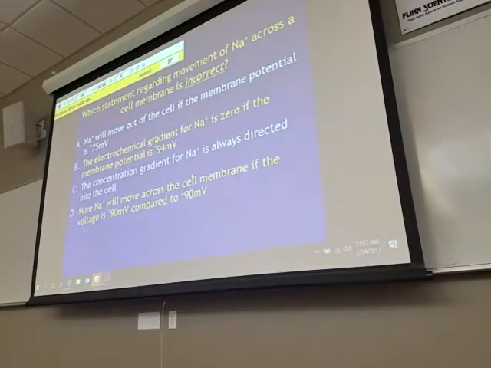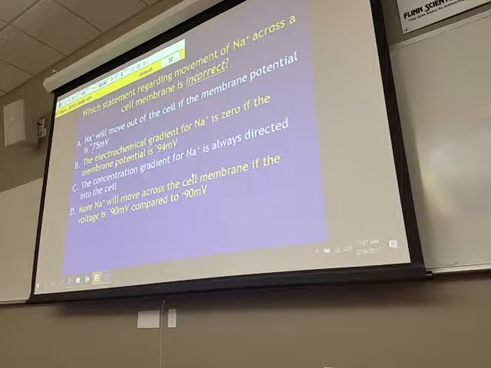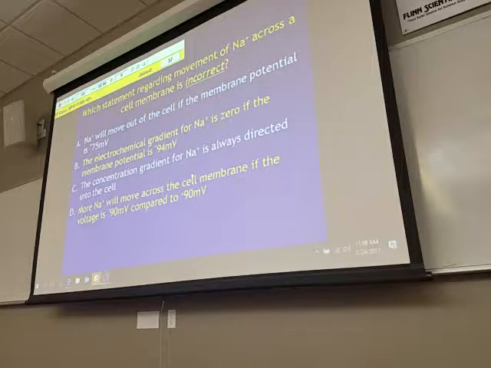Why would more sodium move across the membrane at minus 90 compared to plus 90? It's farther away. So at minus 90, you are closer or further from sodium's equilibrium potential? Further. What is sodium's equilibrium potential? Plus 65. So minus 90 is much further away from plus 65 than plus 90. And the rule is, the further you get from the equilibrium potential, the stronger the electrochemical gradient becomes for that ion.